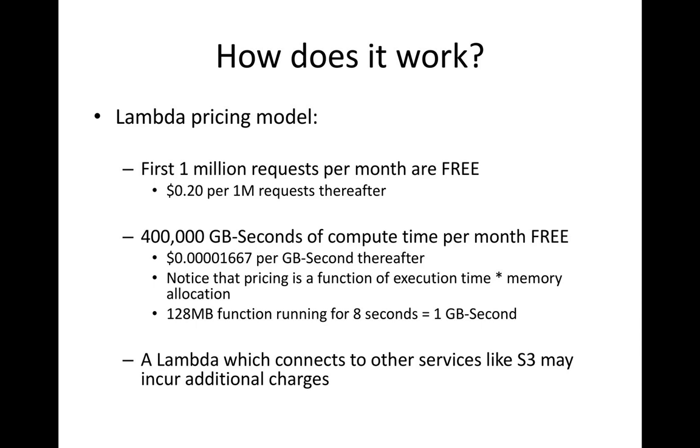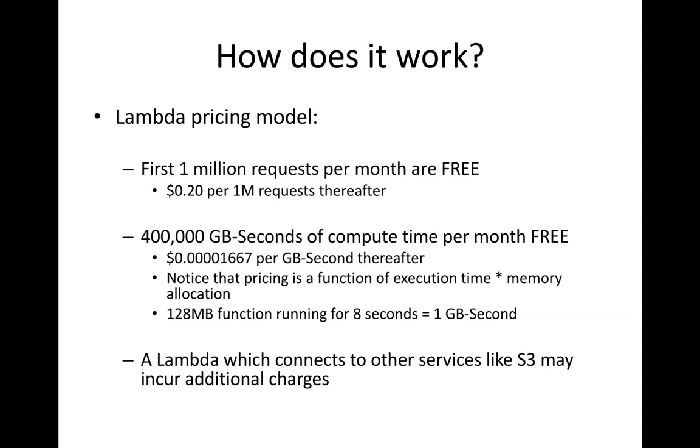You also pay for the amount of time that is spent executing your Lambda function. And AWS gives you the first 400,000 gigabyte seconds of compute time per month free. And so it's not just the amount of time that is spent in running that Lambda function. It's also how much memory you've allocated to the Lambda function.